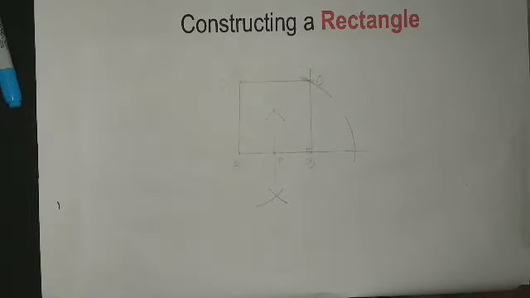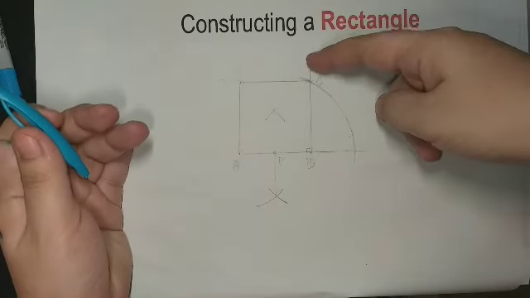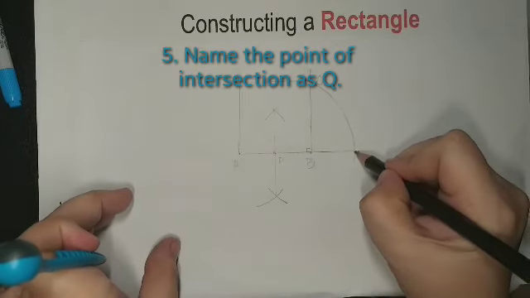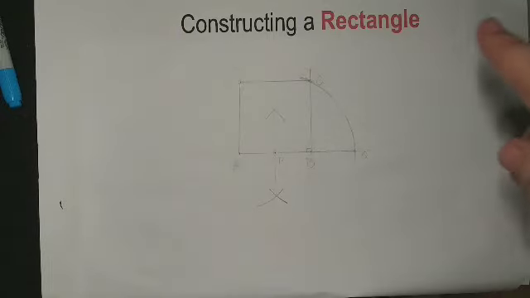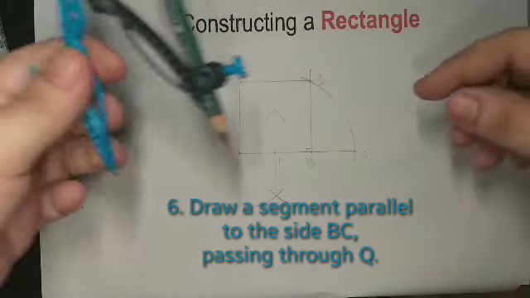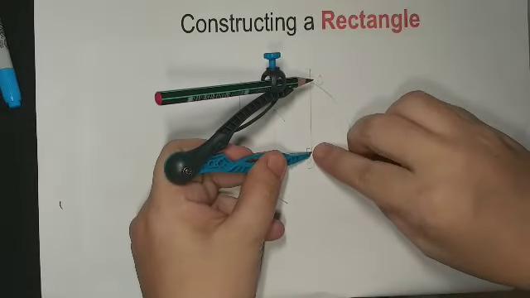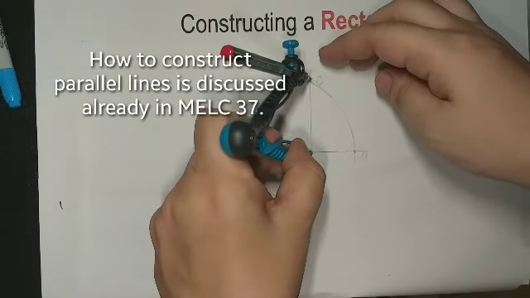We have created the square, and now we have to create a segment that is parallel to segment BC. To do it, by the way, we have a point of intersection here. Let's name this point as point Q, and then let's create a parallel line somewhere here that is parallel with segment BC. So first, you have to measure the length of BC with our compass.